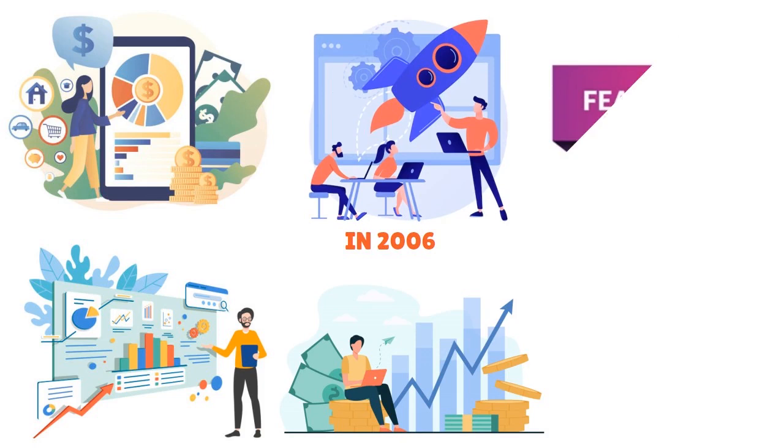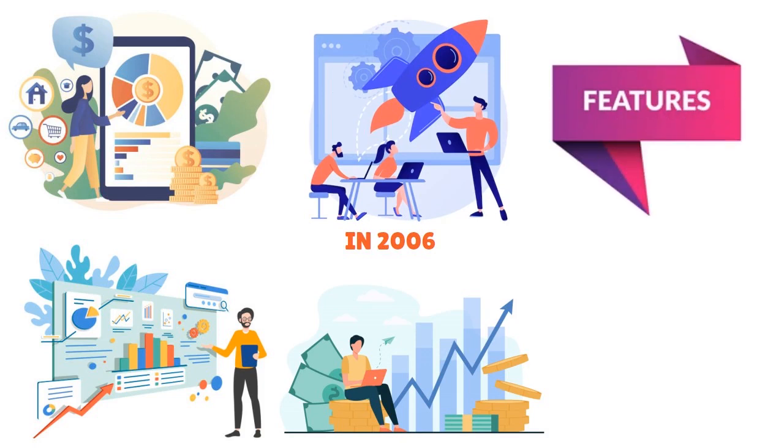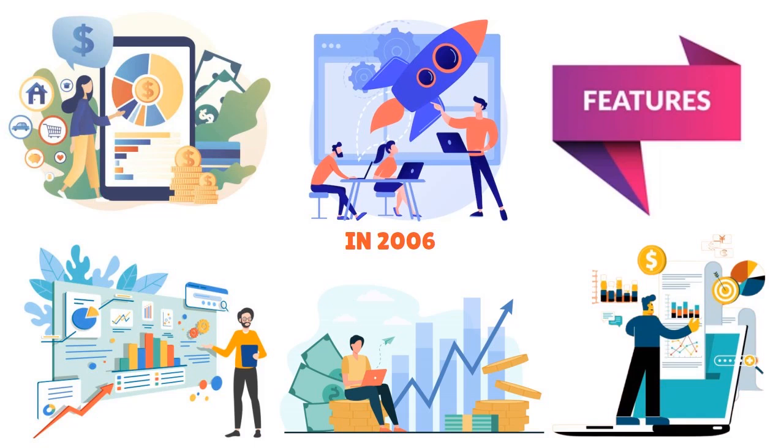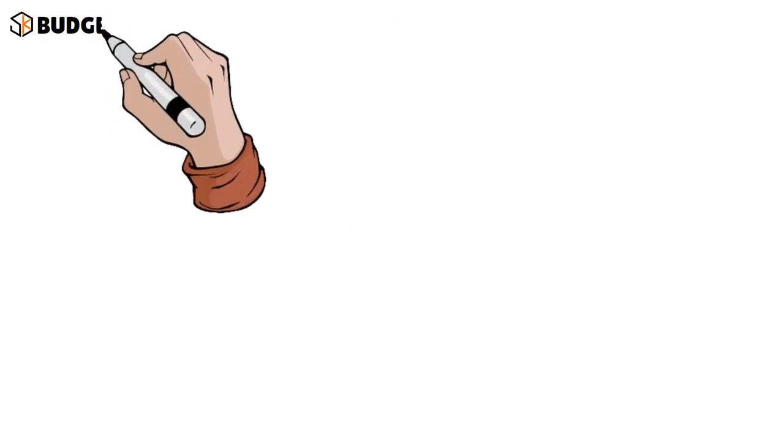Okay. And what are the features you can expect if you go through Buxfer? Buxfer provides the following features, showing that this app does much more than basic budgeting. So exactly which features you can access will depend on your chosen pricing. So in terms of features, you have budgeting.